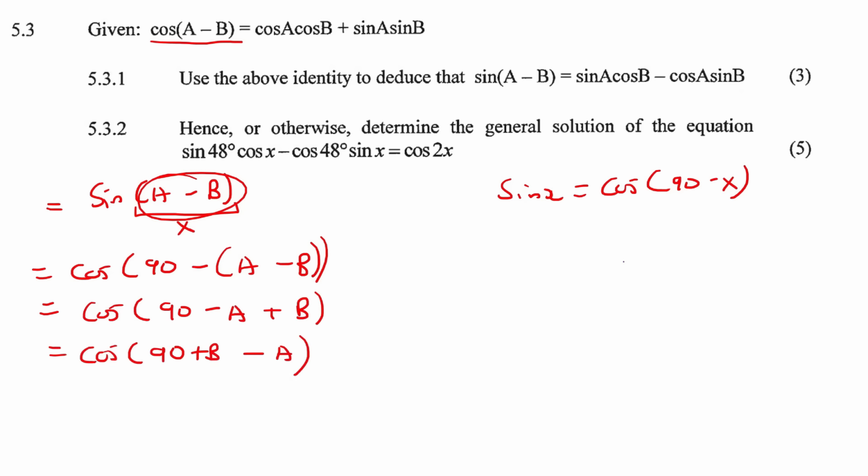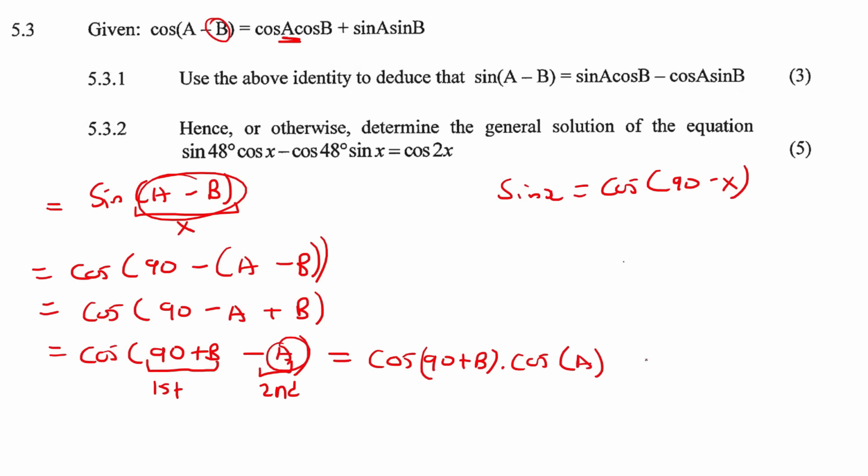So if I then copy this, they tell us that it becomes cos of your first angle, which is 90 plus b, times cos of your second angle, which for us is a, then plus sin of your first angle times sin of your second angle, which is a.